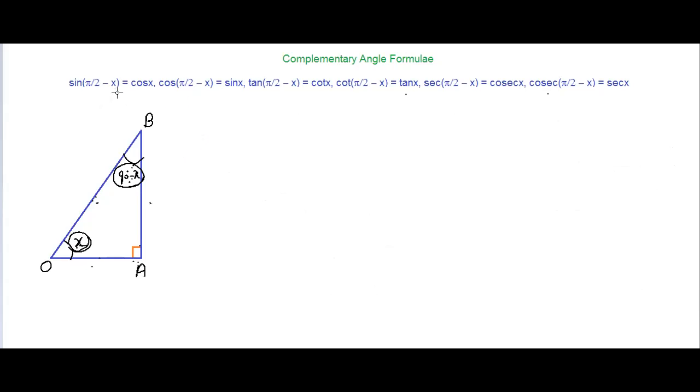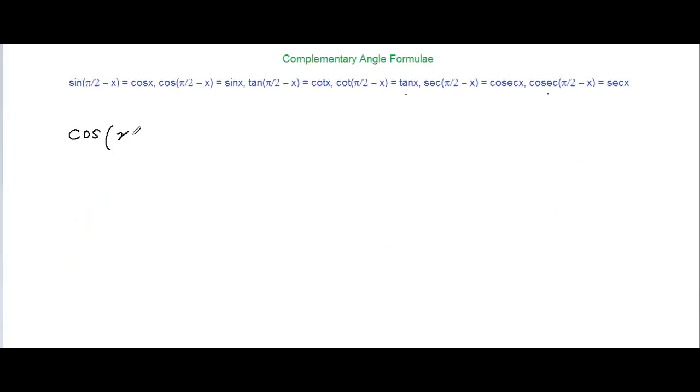In general, for any angle x, for the time being I remove this triangle also. There is no use now. For any angle x, how do we prove these formulae? It is not difficult. We have proven two formulae yet.